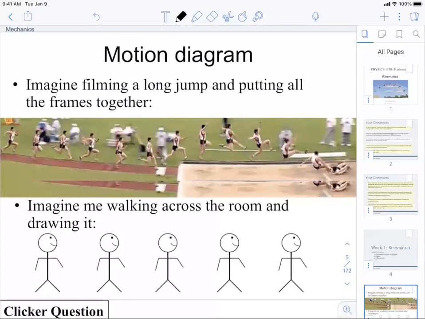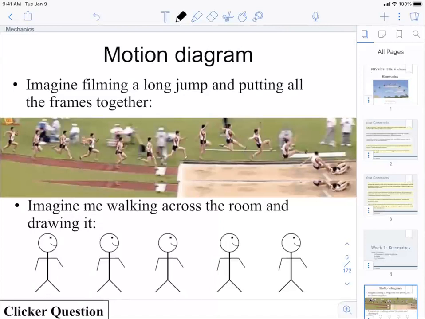So first of all, in describing motion, physicists draw a motion diagram to describe how an object moves in space as time goes on. Imagine I'm walking across the room and you try to draw the motion diagram of me walking across the room.